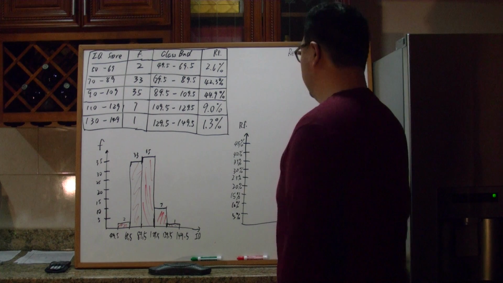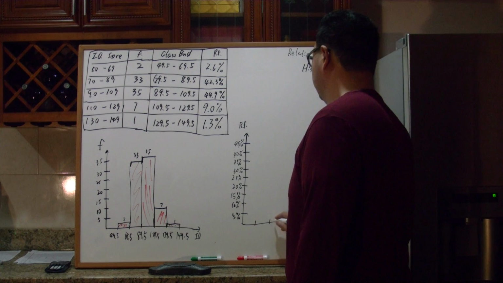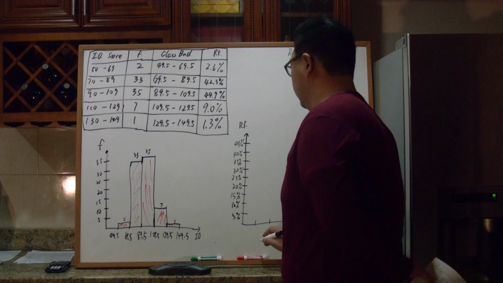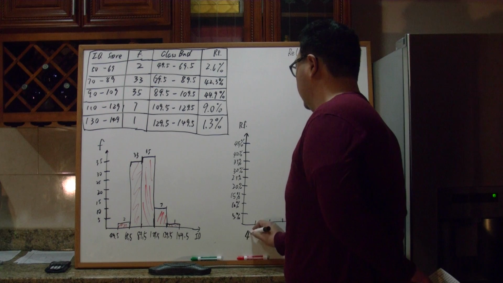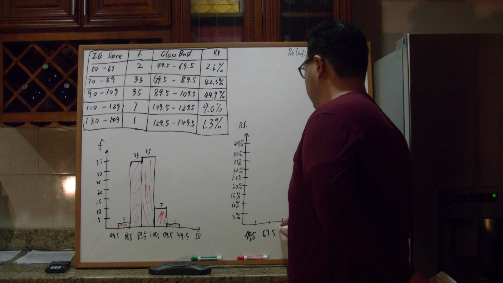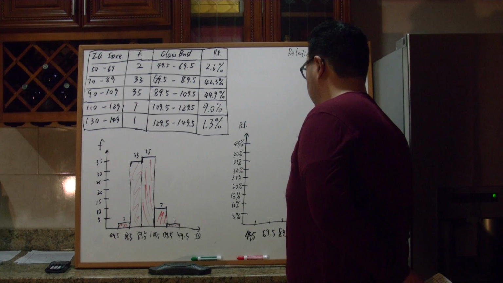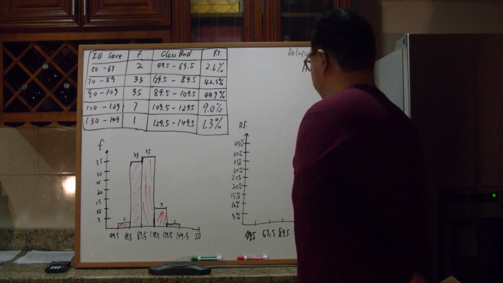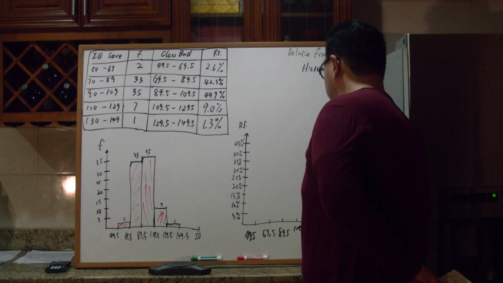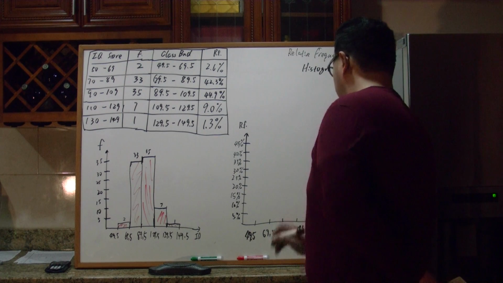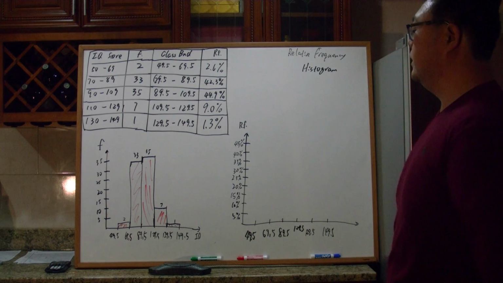And for the horizontal scale, we just need the gap of the data, same as the class boundaries: 49.5, 69.5. The horizontal scale is basically the same.